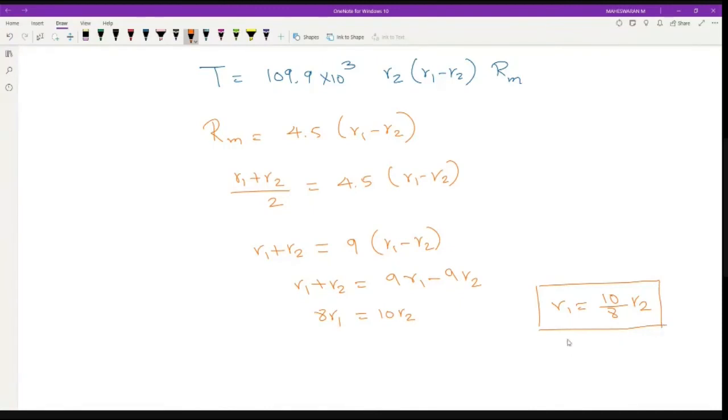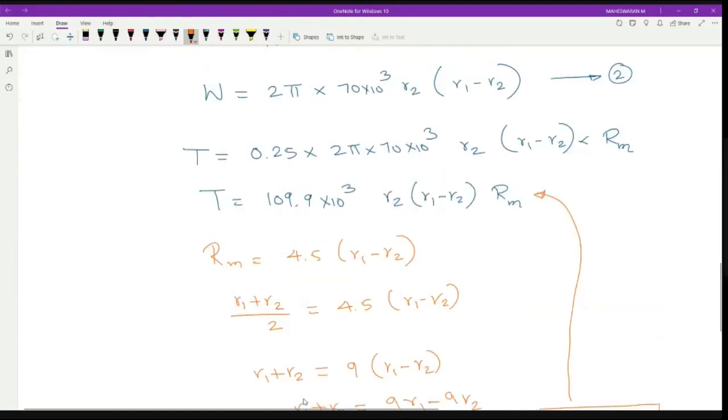So can I substitute it here? Yes, sir. All the values I can substitute here, and I will get the overall value. Rm also I can write in terms of that. So let me do that. So what will I get for torque?